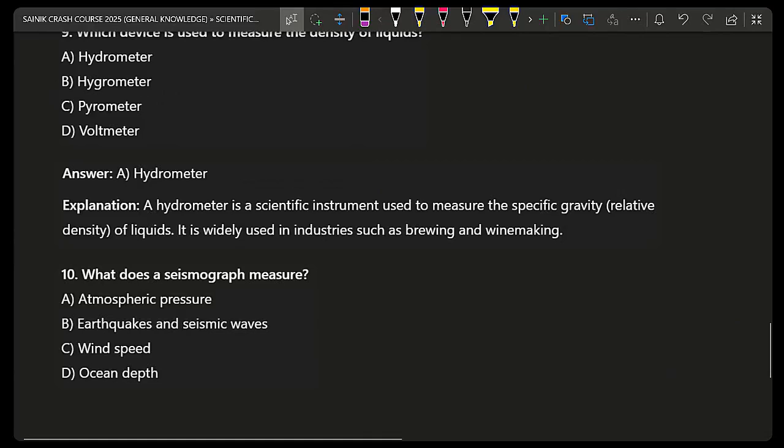Time up. One student said wind speed, wrong answer. Two students said ocean depth, wrong answer. Four students said atmospheric pressure. Atmospheric pressure already we discussed in today's class, barometer, wrong answer. So 12 students gave the correct answer, earthquake and the seismic waves.